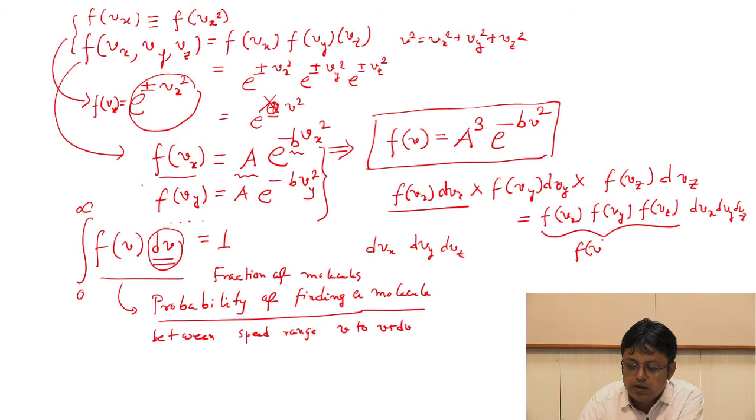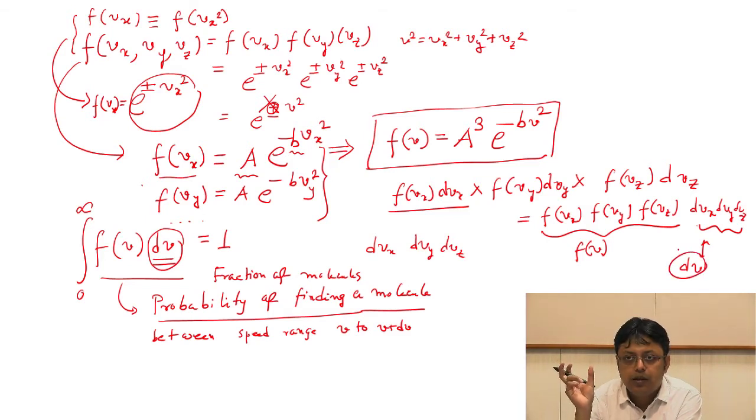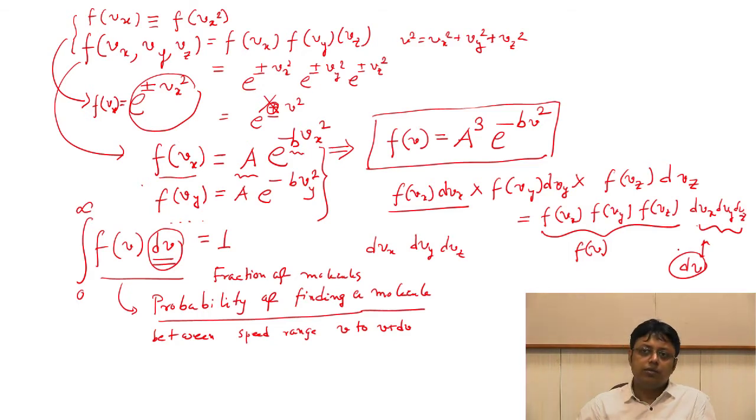But this is not how to calculate basically this and connect it to the dv, because dv is independent of direction, whereas dvx, dvy, dvz have some direction. Now to give you a better feeling of what I'm saying, let us consider just a two-dimensional distribution.